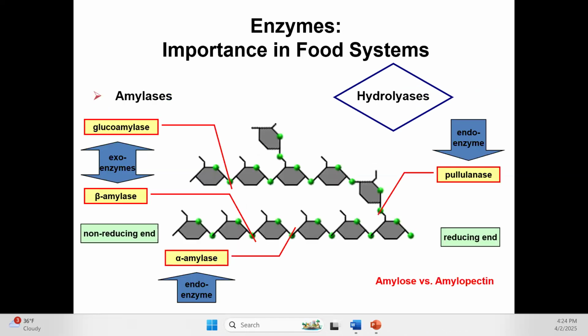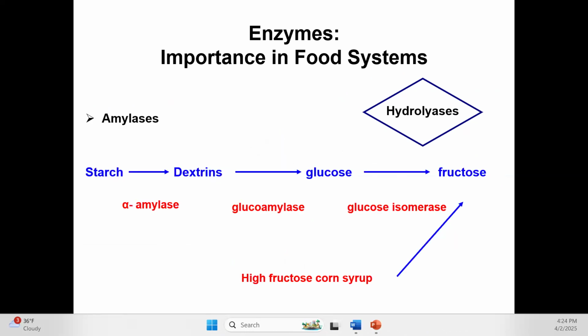Alpha amylase is an endo enzyme that will break inside and can break alpha-1,4 and alpha-1,6 linkages, and glucoamylase will break one at a time. And then when you have that glucose formed, you can use isomerase to produce fructose, high fructose corn syrup. But the alpha amylase and glucoamylase are hydrolases. Isomerase is another class. To get glucose to fructose, you need an isomerase.